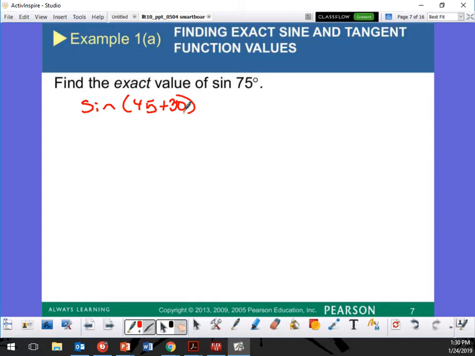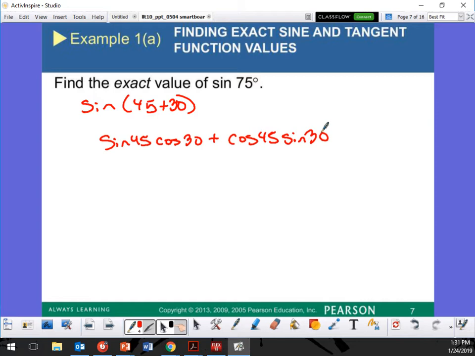From my sine formula, it's going to be sine 45 cosine 30 plus cosine 45 sine 30. I took this straight from that formula. I just plug those in where they go.